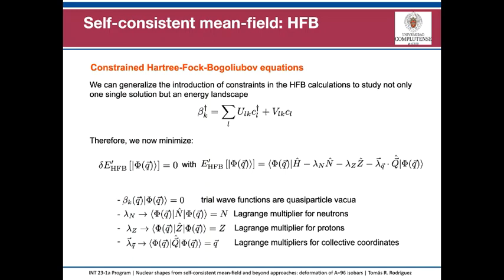These are the so-called collective coordinates. We can take, for example, the expectation value of the quadrupole moment operator, or the expectation value of the octupole moment, or some pairing degrees of freedom if you want, or some other operators that you can imagine. So this is where the shape enters into the game.